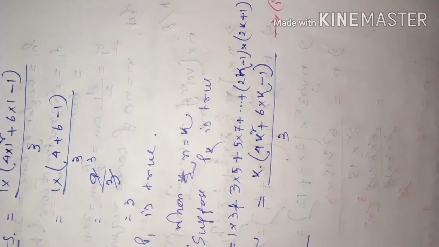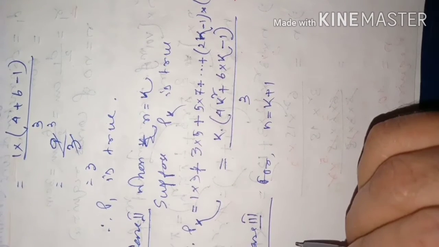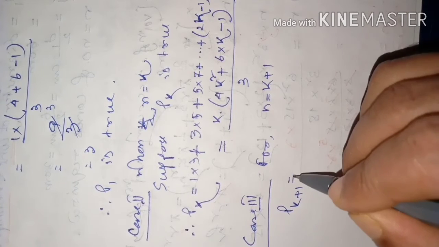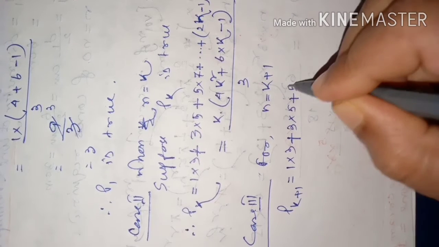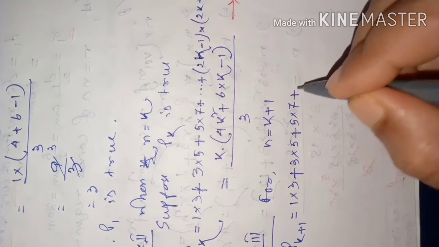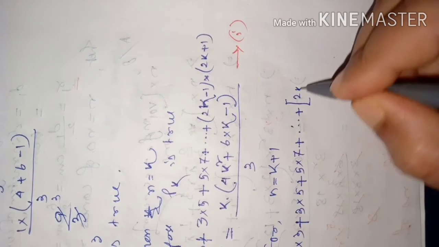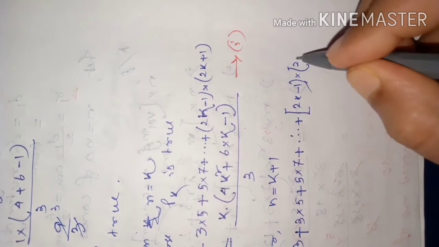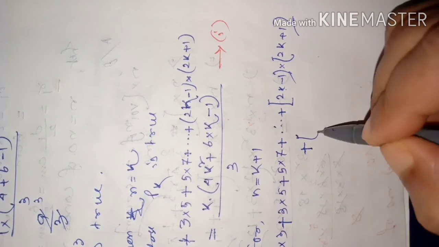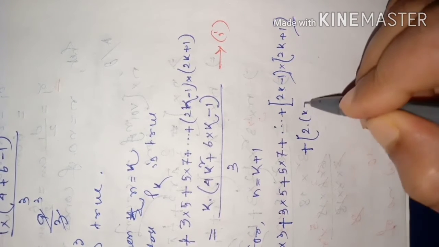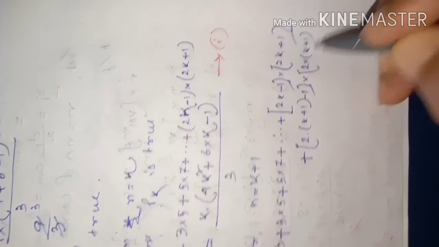So now for n equal to k plus 1, if we write the left hand side of the statement, that is Pk plus 1, it will be 1 into 3 plus 3 into 5 plus 5 into 7 plus dot dot dot plus (2k minus 1) into (2k plus 1) plus one more term, that means k here will now be replaced by k plus 1: 2 into (k plus 1) minus 1 into 2 into (k plus 1) plus 1.